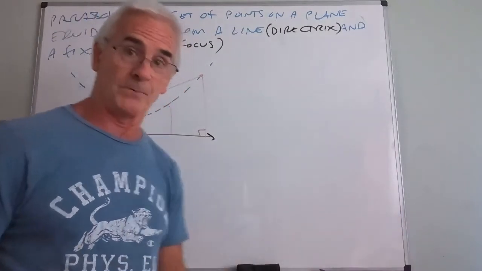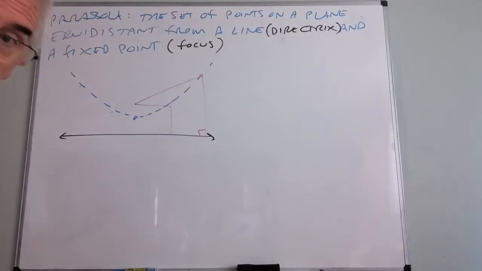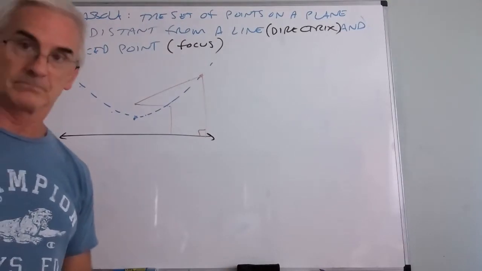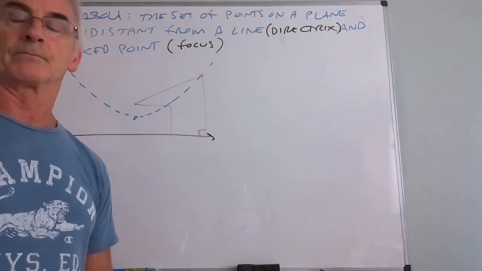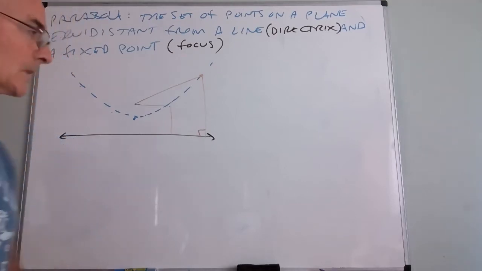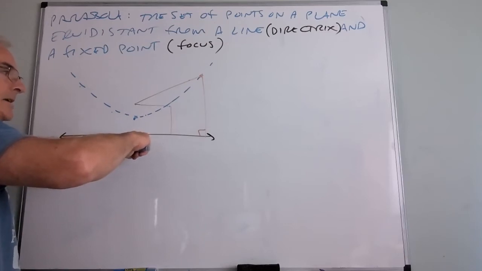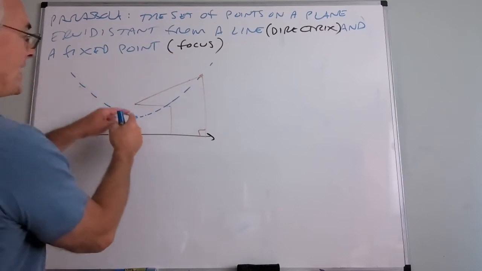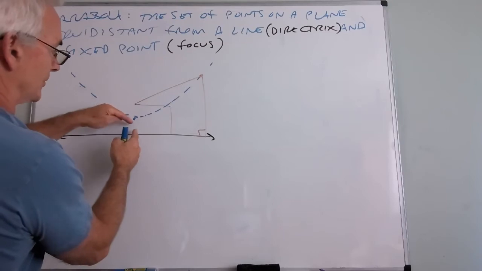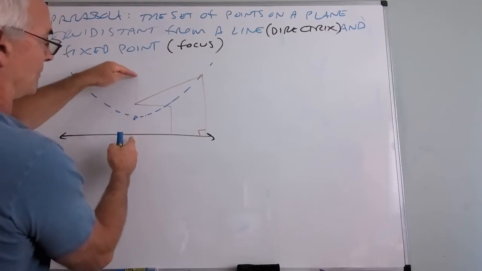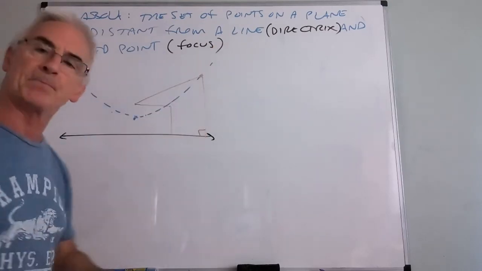Do all parabolas have the same rules? Do all of them have the equal distance? Also, which one is the focus again? The focus is the fixed point, the directrix is the fixed line. So what happens if I move the focus closer to the line or further away from the line? It'll change the shape of the parabola.